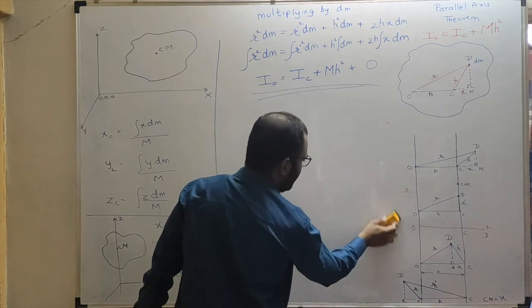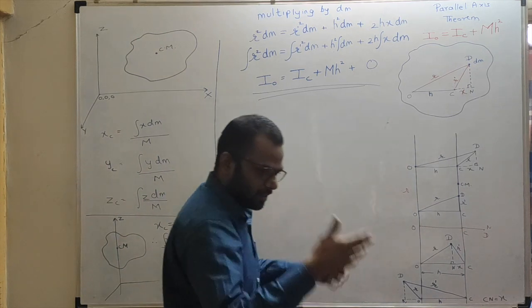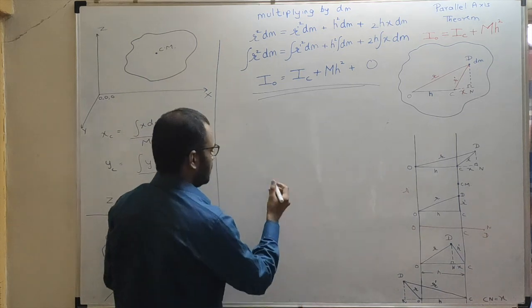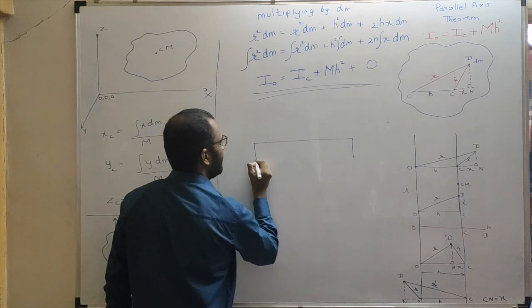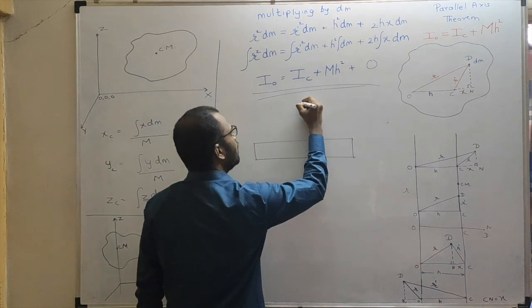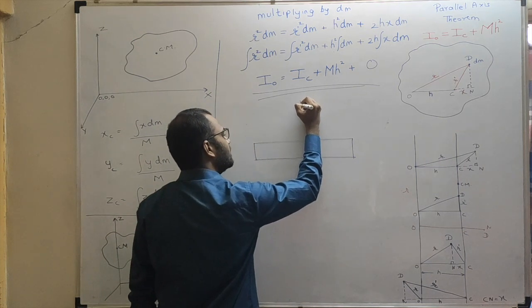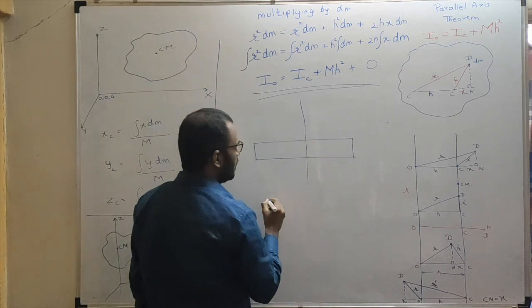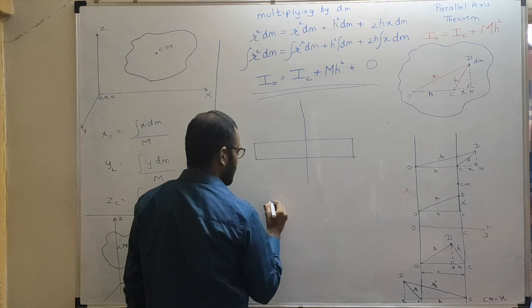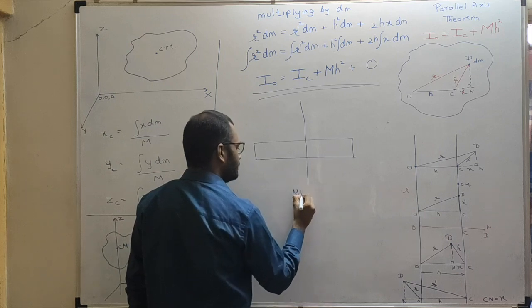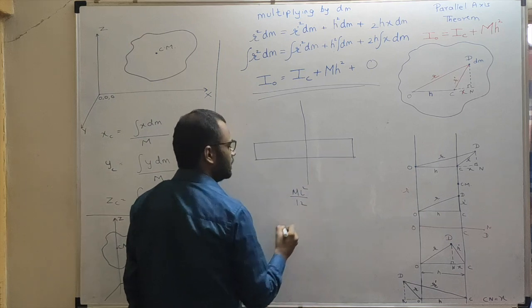Now we have seen last time, I had drawn a table and made you draw it as well. Suppose this is a thin rod, and the moment of inertia about an axis passing through the center perpendicular to the length was ml square by 12.